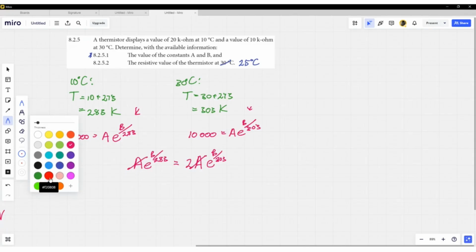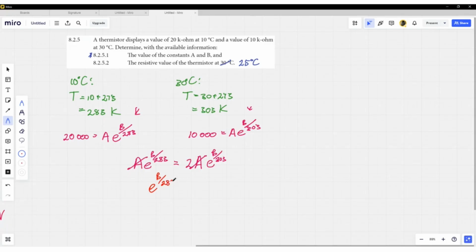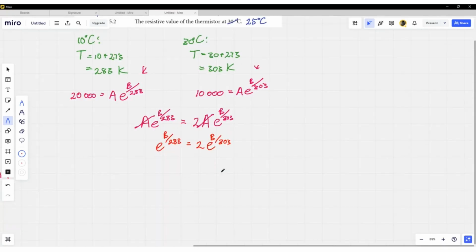and we end up with e to the power of B over 283 is then equal to 2 e to the power of B over 303. Actually not a train smash. In fact, you can then do this.